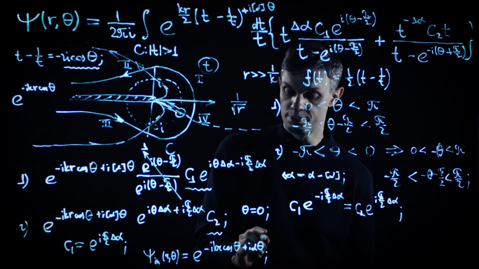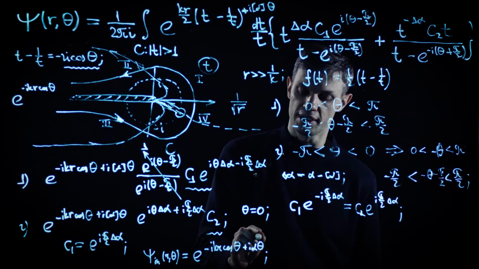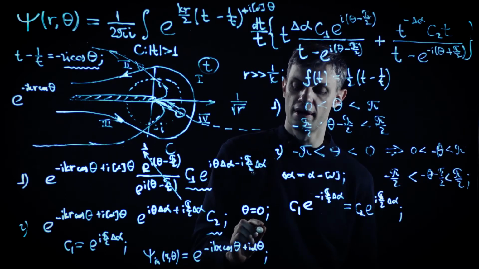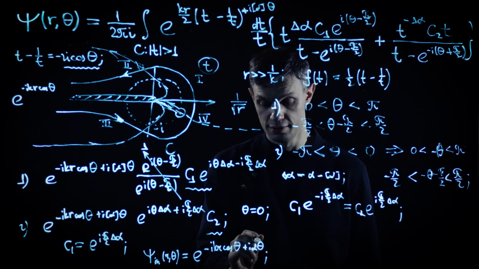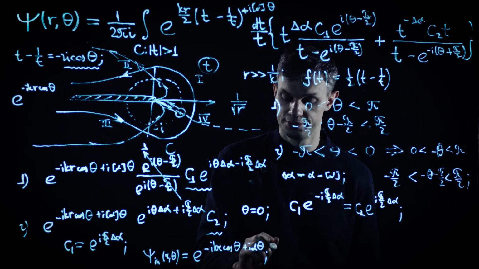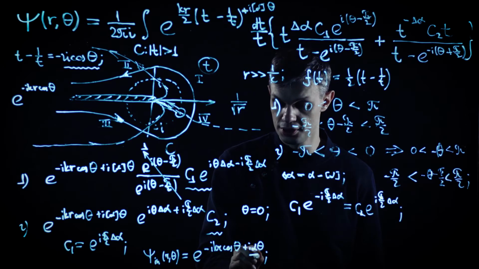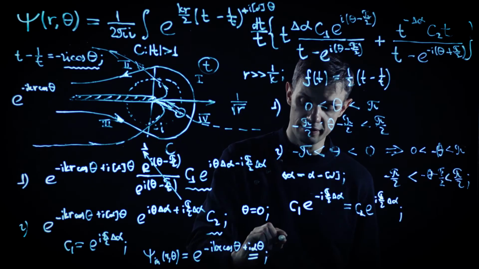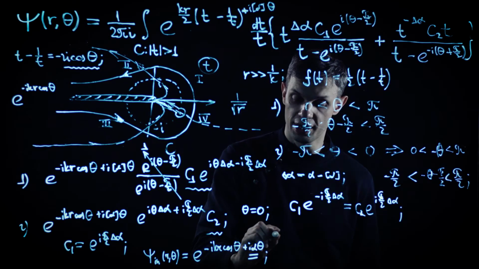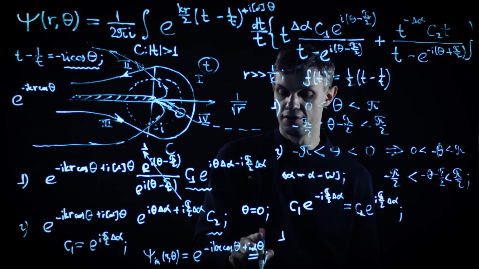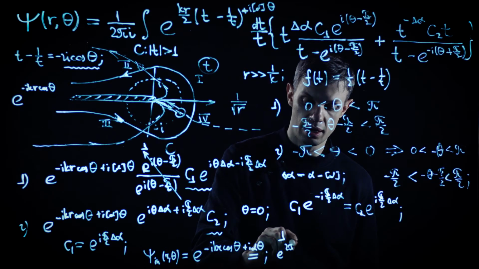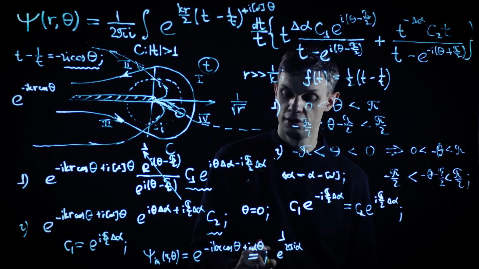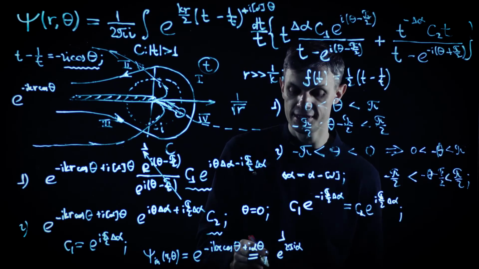And this function is problematic because it should coincide with itself for theta equal to 0 and to 2 pi. But here it's just not true, because this is not an integer number, so this factor becomes 1 for theta equal to 0 and e to 2 pi I alpha for theta equal to 2 pi. But these are two identical points.